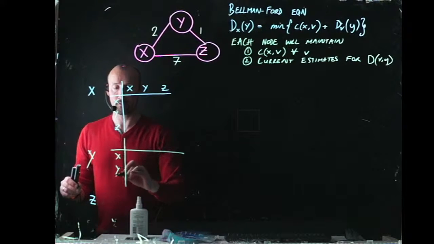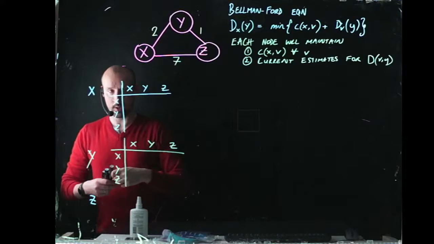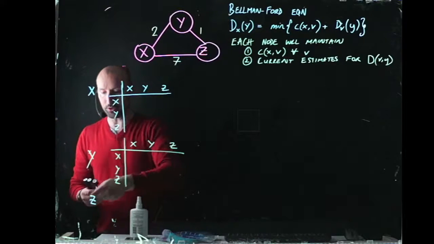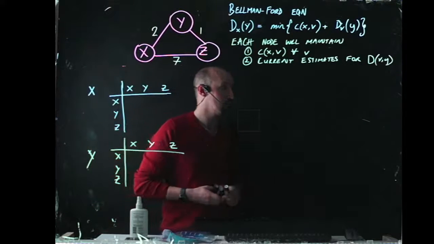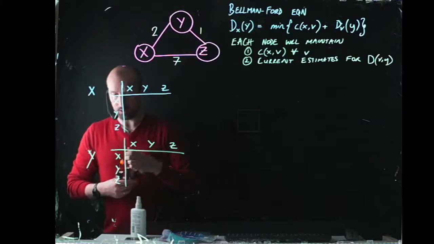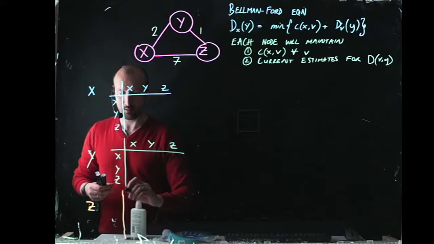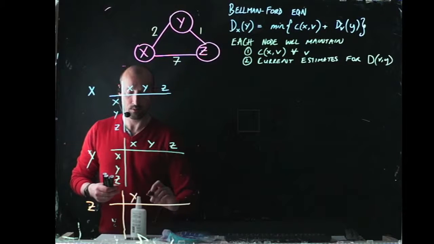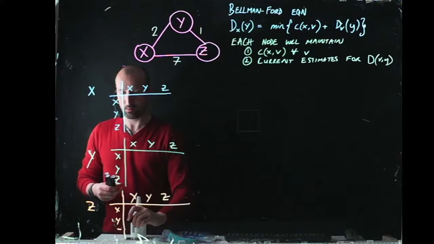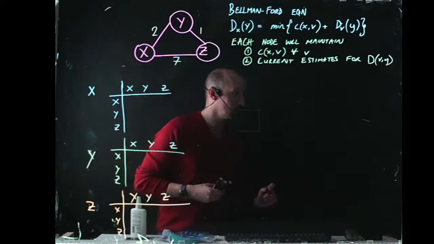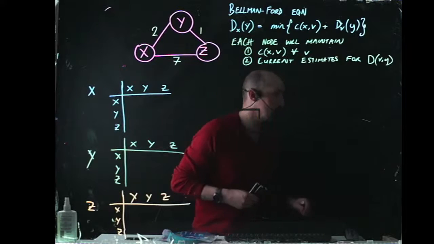X, Y, Z, X, Y, Z. And we'll put another color down here, make it a little bit different. Might be hard to see that. Hopefully you can see that okay.